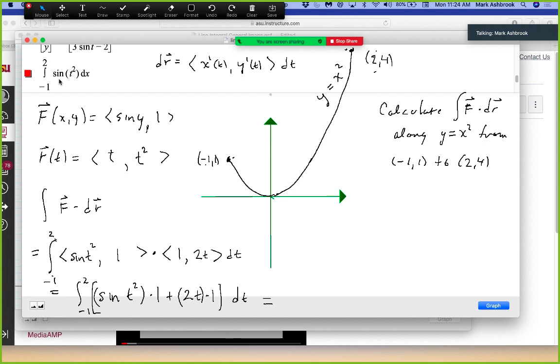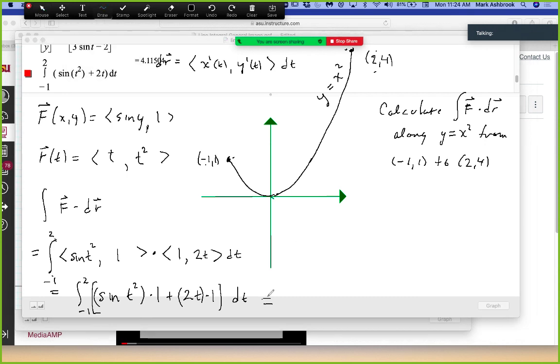No, just sine of t squared, plus 2t. Is that right? And then this is dt. And sure enough, positive 4.11 something. Greater than 0, what we predicted.